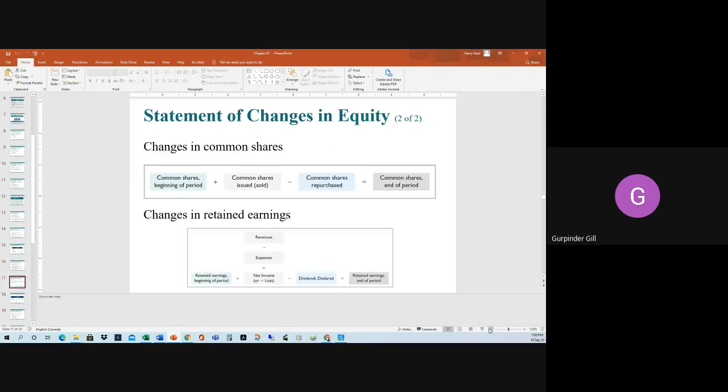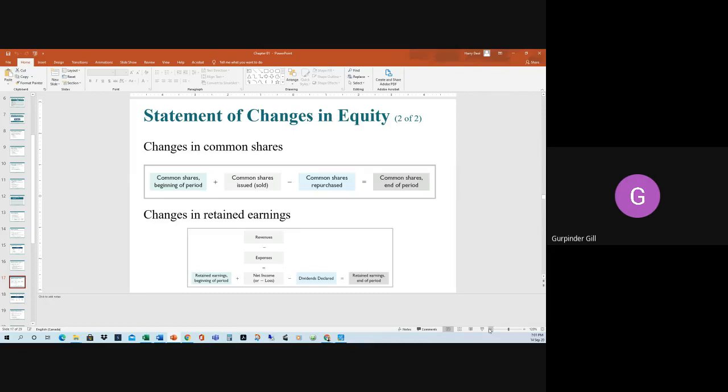So these are the main elements of your statement of changes in equity. For your shares at the beginning of the period, the corporation could sell more shares or they can repurchase their shares, so it could go in either direction. The retained earnings is your revenue minus expenses, which is your net income or loss, going into your retained earnings.